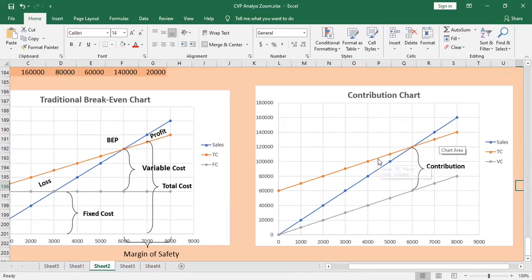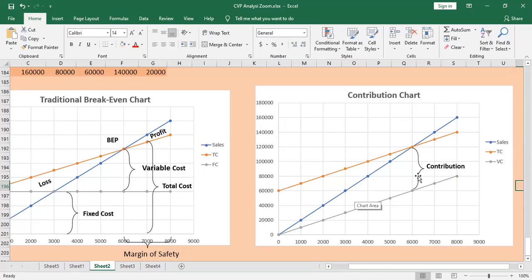So this is how you show your contribution. This is actually the contribution at the point of break even. Now you can see at the point of break even, contribution is equal to fixed cost. Now the difference between these two curves, total cost and variable cost, that is actually fixed cost.